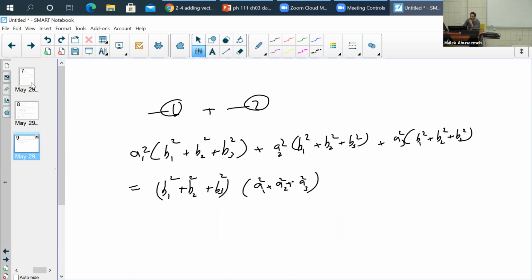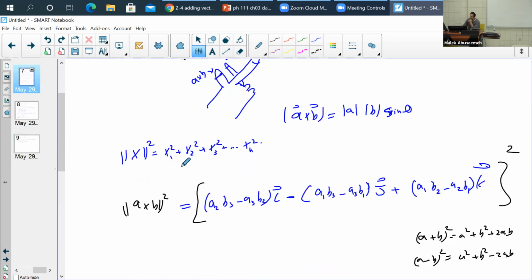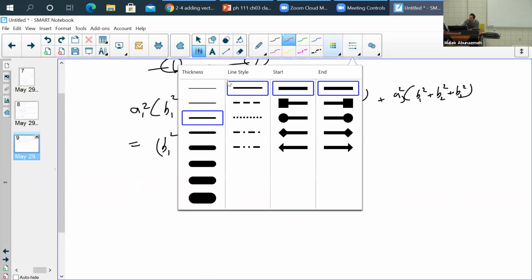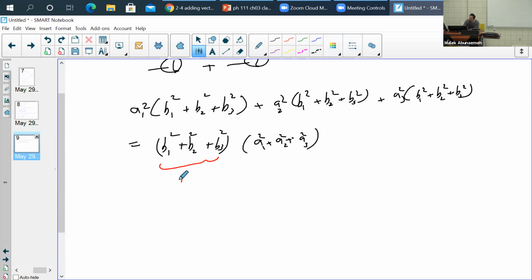And remember when we defined the magnitude of x as the square root of x1 squared plus x2 squared plus x3 squared. So this is actually the magnitude of B squared, and this is the magnitude of A squared. So A cross B squared plus A dot B squared.